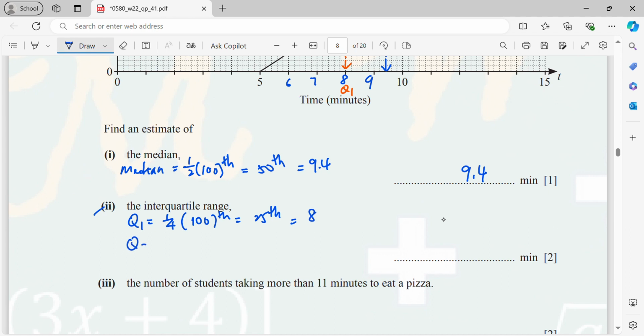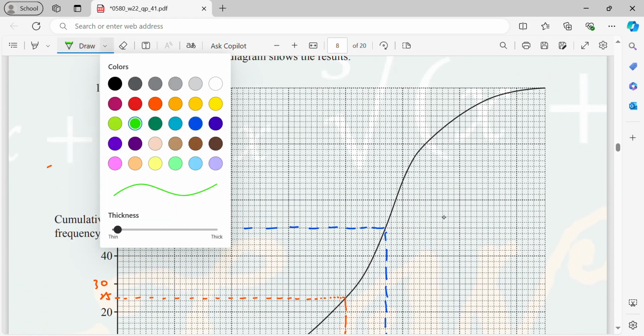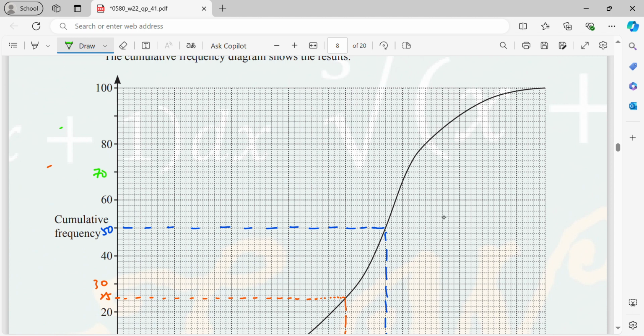Then our Q3 or the upper quartile, that is 3/4 of the total. That means you are getting the position of the 75th value. This is 70, and then in the middle, this is 75.